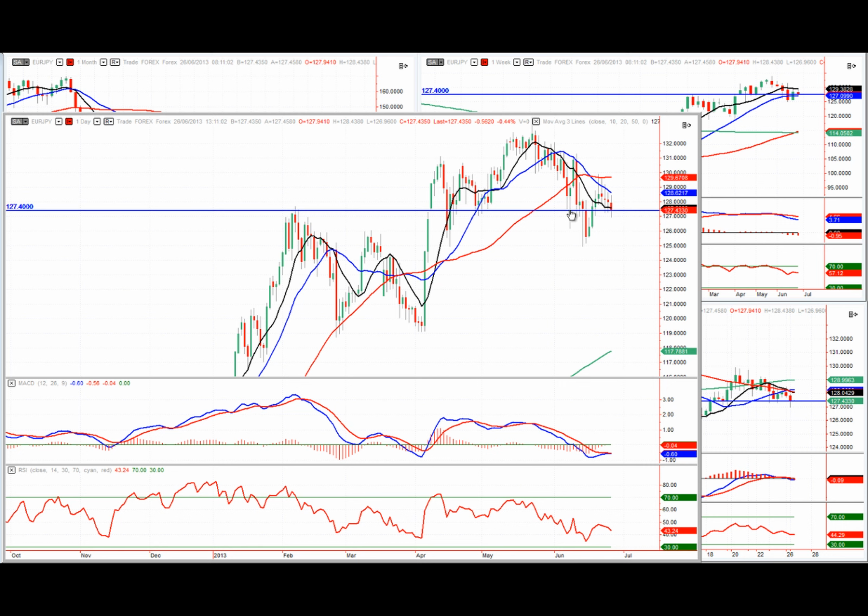In doing so, it's come back, tested this 127,400 level, found support there, it's now made lower highs and lower lows as it's broken underneath it, and at the moment we're sitting right at that level, right in the sell zone as well, and we've got the moving averages rolling round in the right order too. Also, we've got nice convergence there on the indicators.